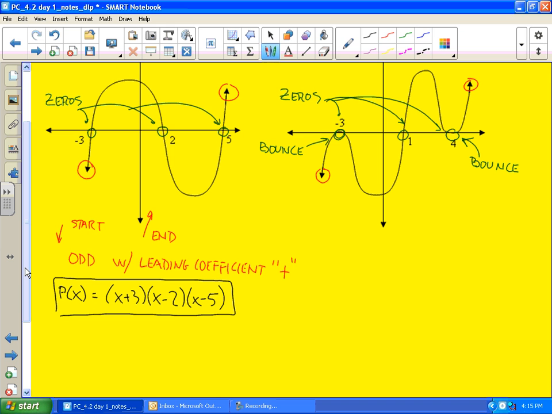All right, so let's see. So far we know that p of x would have to equal x plus 3 and an x minus 1 and an x minus 4. But because we're bouncing off of x plus 3 and x minus 4, we're going to have to remember to include these powers of 2.